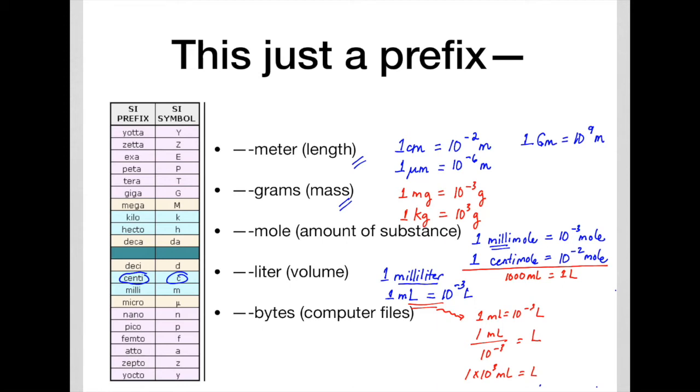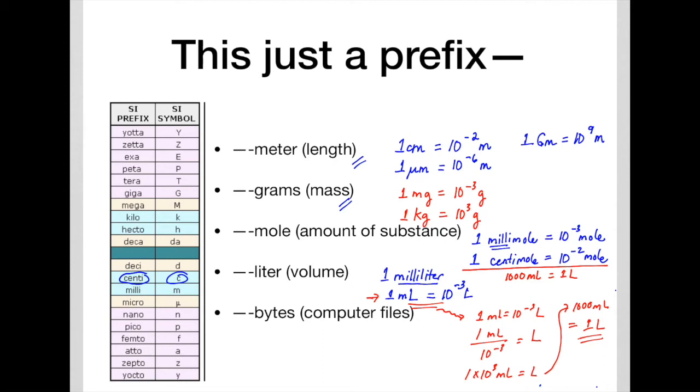Therefore, we are still consistent that 1000 ml is equal to 1 liter, and that 1 ml is equal to 10 raised to negative 3 liters.